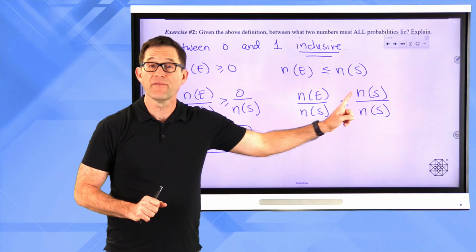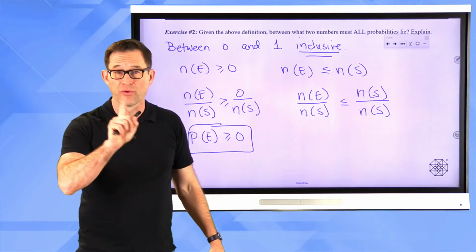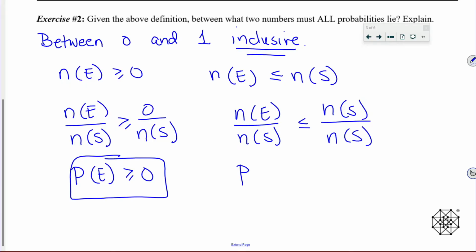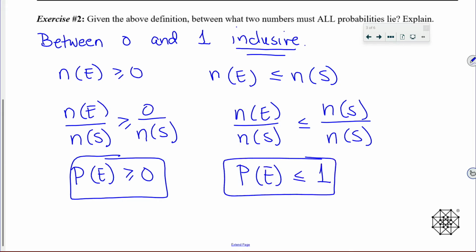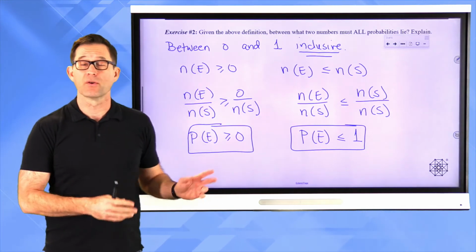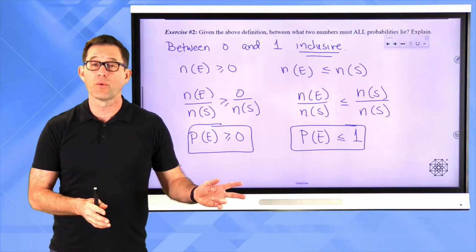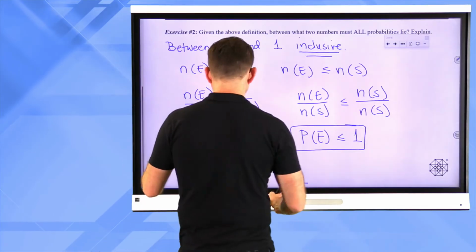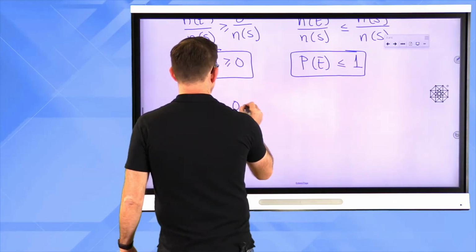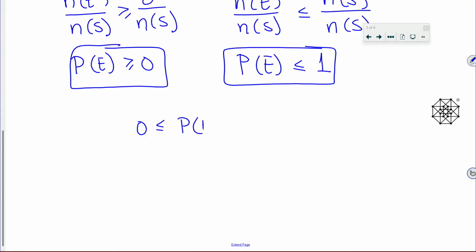And of course, N of S divided by N of S is equal to 1. So the probability of E must be less than or equal to 1. Therefore, the probability of E must be greater than or equal to 0 and less than or equal to 1. Oftentimes, this is all wrapped up in a single statement that looks like this.